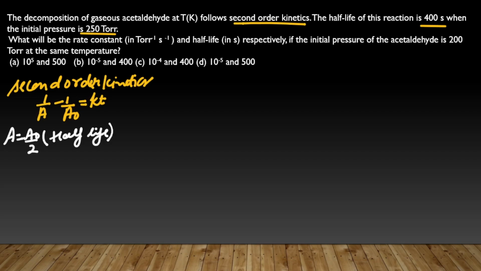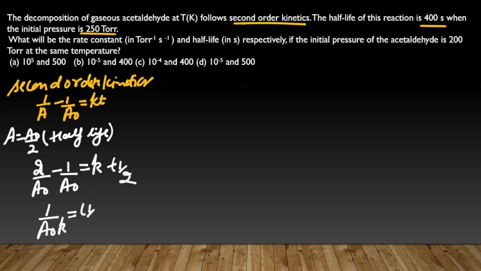Substitute this in the above expression: 2 by A naught minus 1 by A naught equals K T half. So this will become 1 by A naught into K, which is the T half for second-order kinetics.